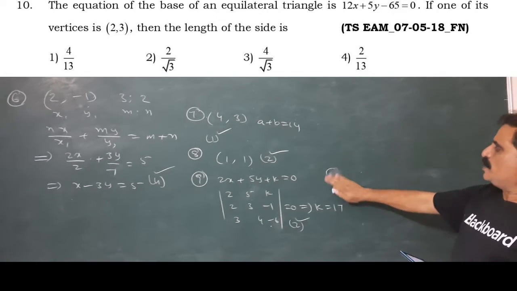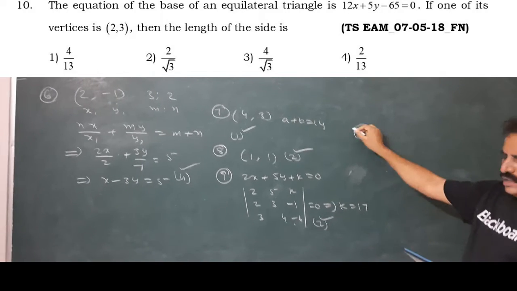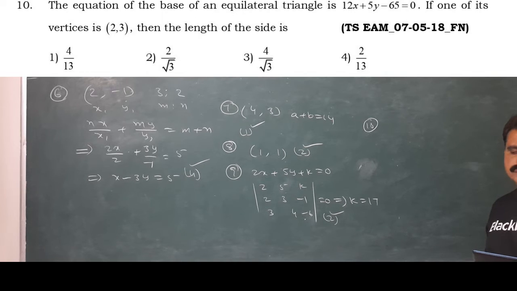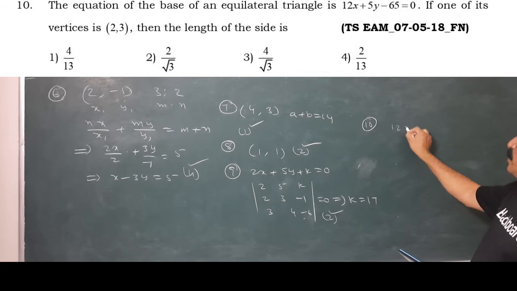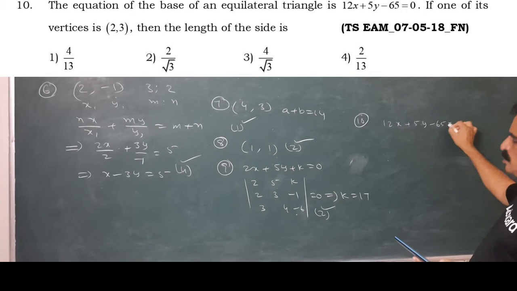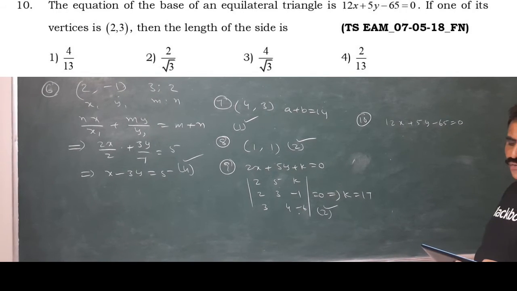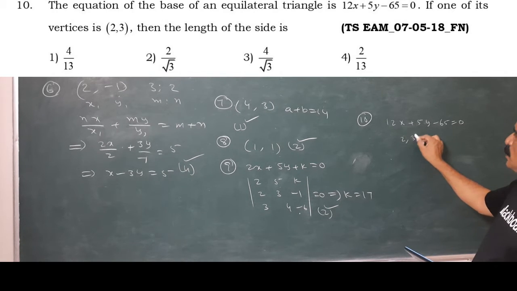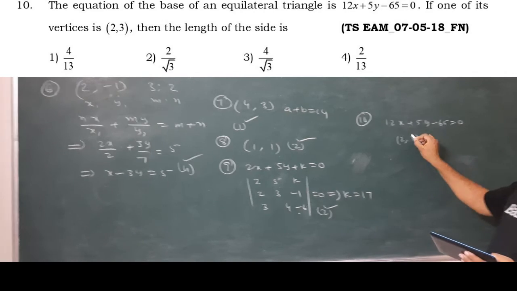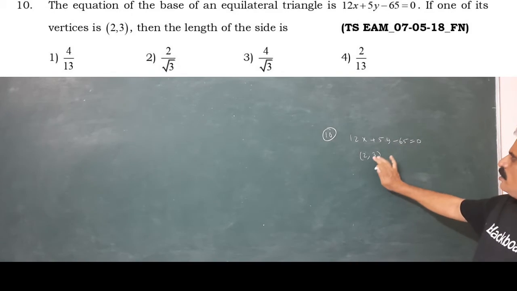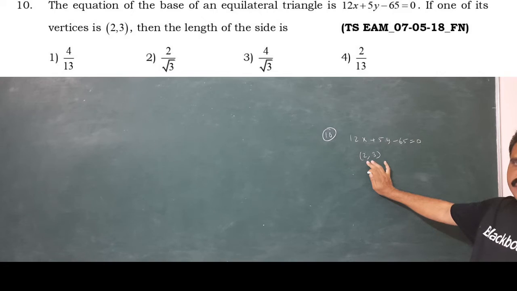The equation of the base of an equilateral triangle is 12x plus 5y minus 65 equal to 0. If one of its vertices is (2, 3), then the length of the side. The base side and the opposite vertex are given.